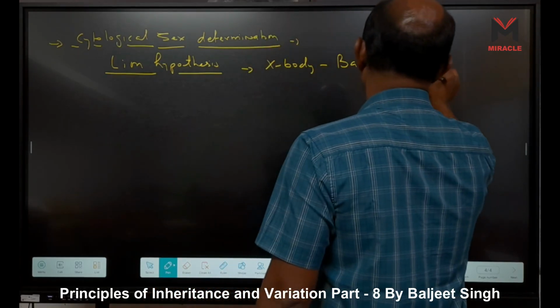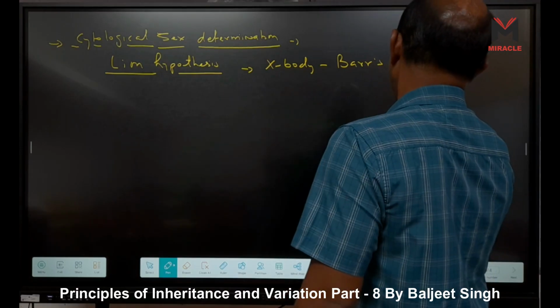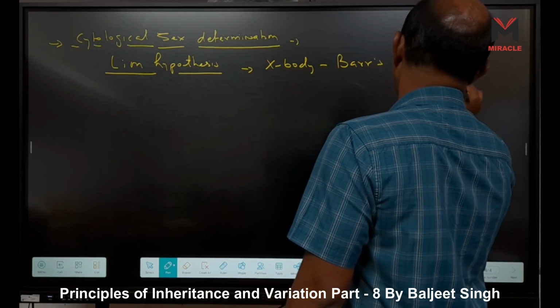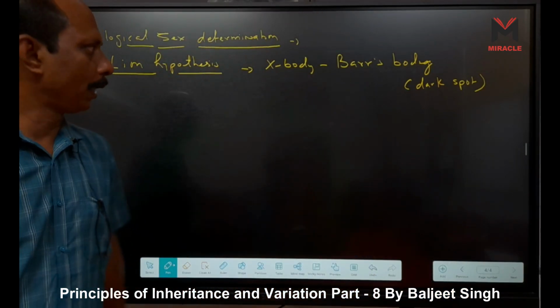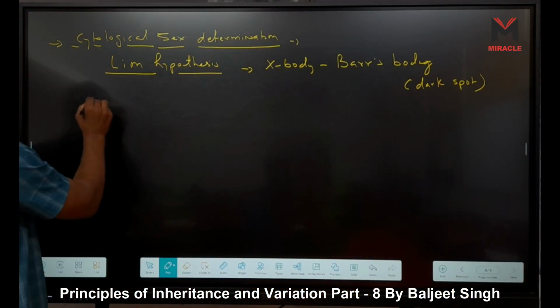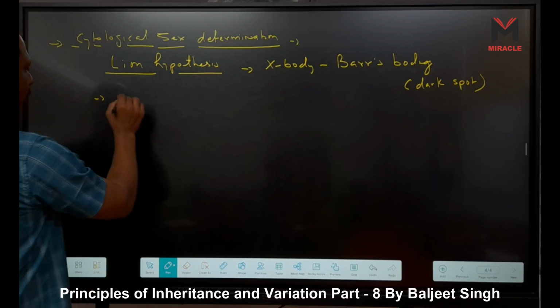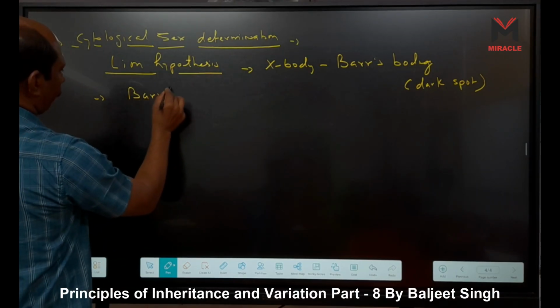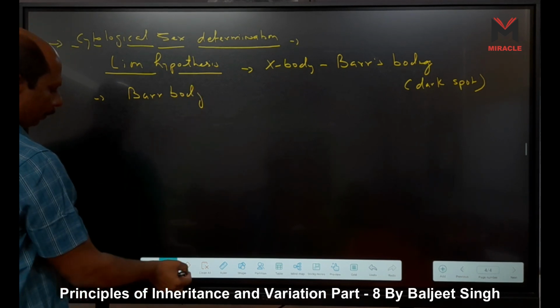Bar body means a dark spot is there. When we see this through a microscope, we see a dark spot, right? Now here we can understand the number of bar bodies, which we simply write here.